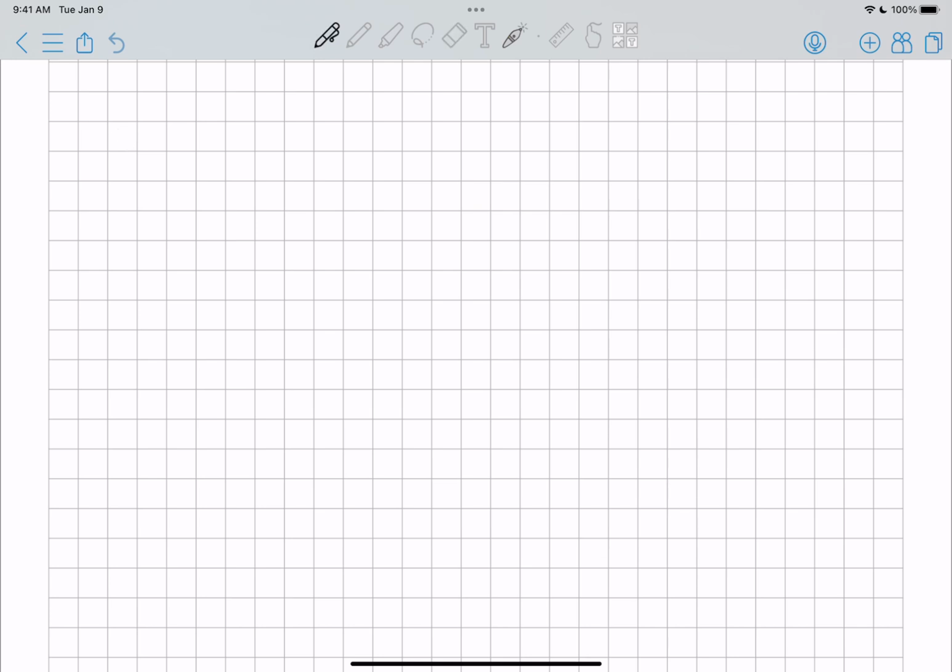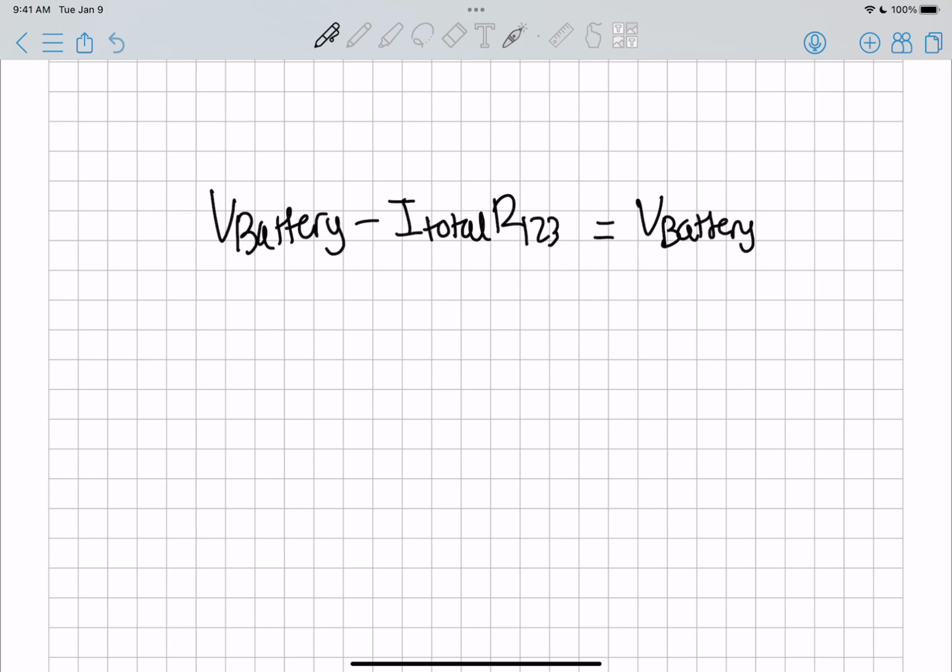Because we don't know V battery, you could have set the two loops equal to each other: V battery minus I total times R123, set equal to V battery minus I total R14.